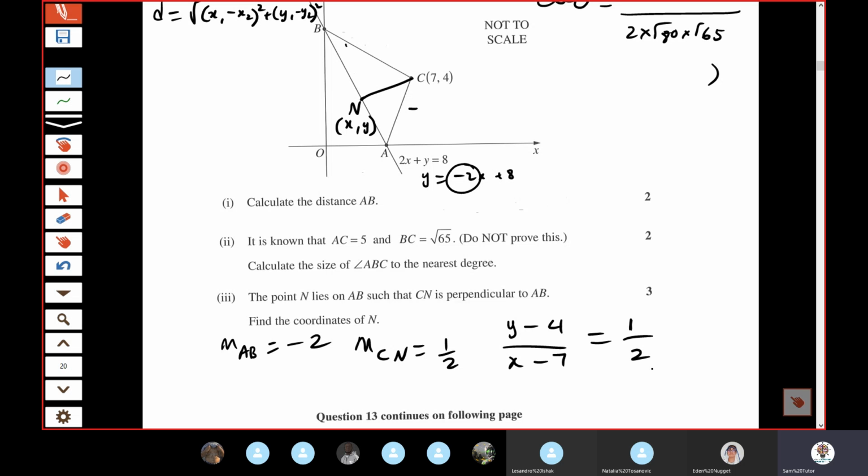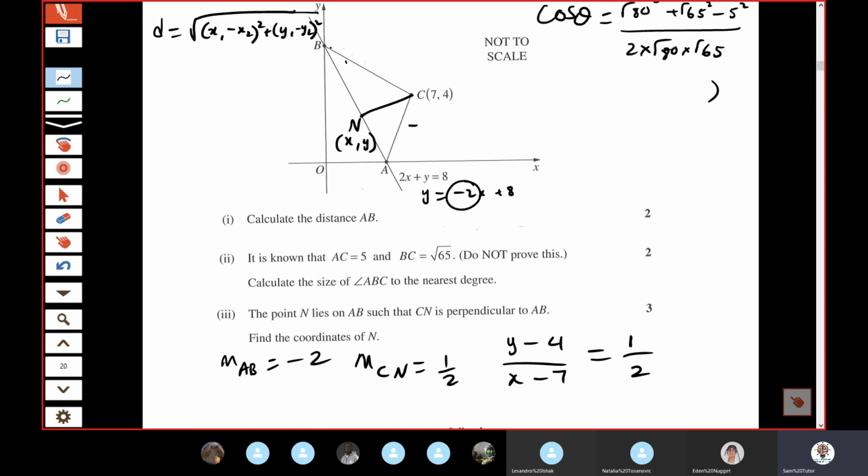So now we've got one equation relating x and y. What was the b value we got up here? 0 and 8.